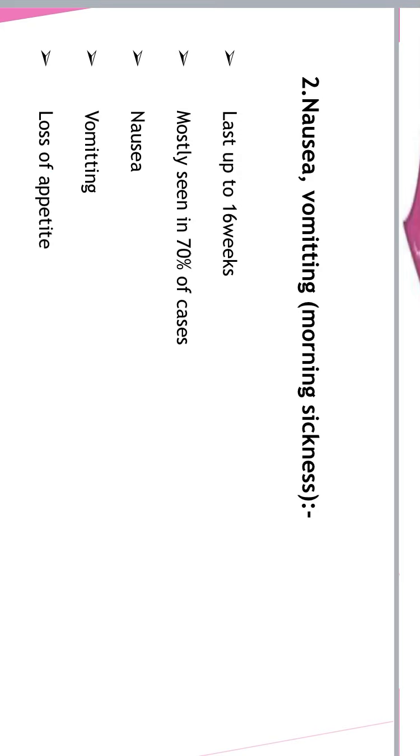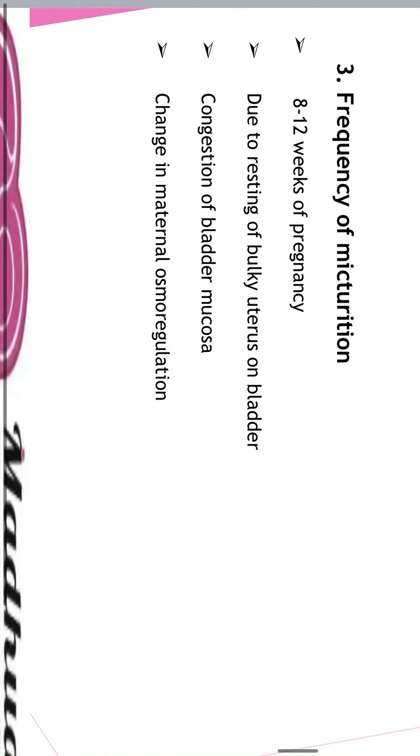There is nausea, vomiting, that is morning sickness, lasting up to 16 weeks, mostly seen in 70% of the cases. Nausea, vomiting and loss of appetite are very common presentations up to 12 weeks of the pregnancy. Frequency of micturition occurs at 8 to 12 weeks due to edematous bladder mucosa, because of the bulky uterus resting on the bladder.